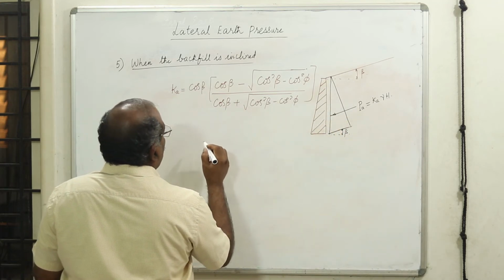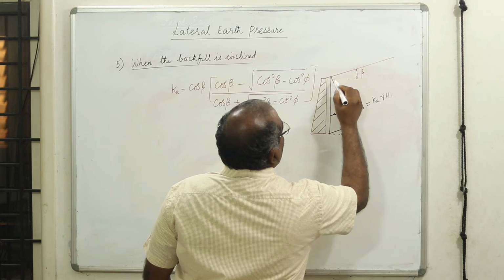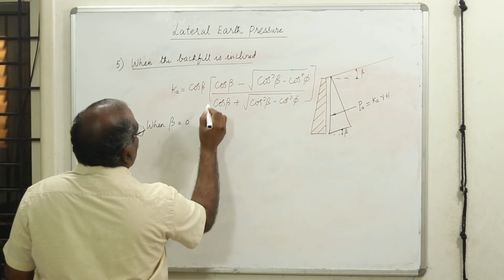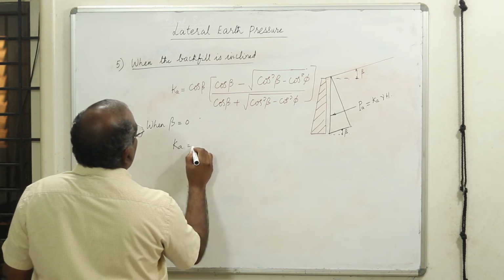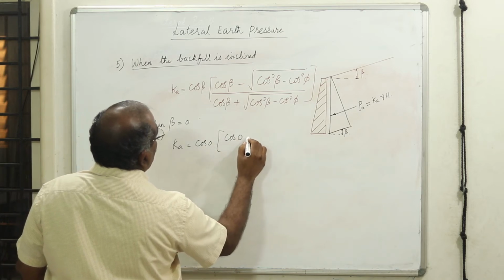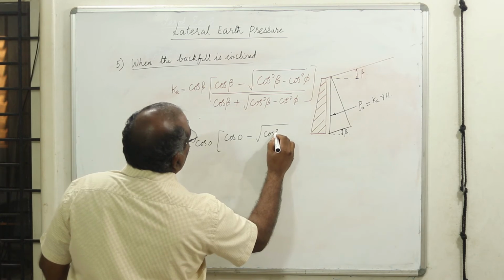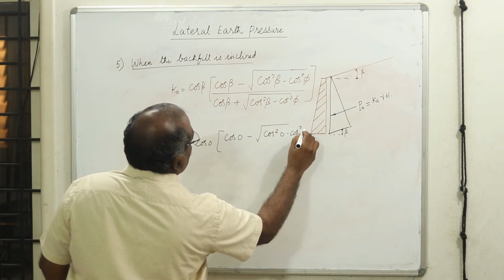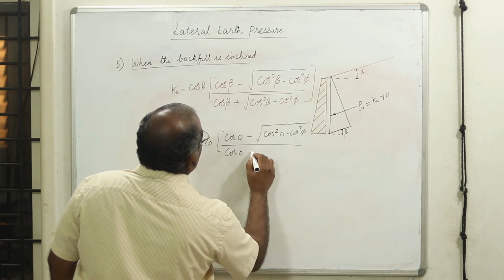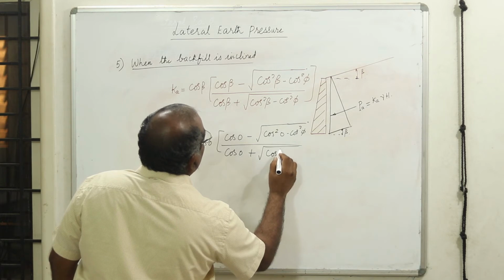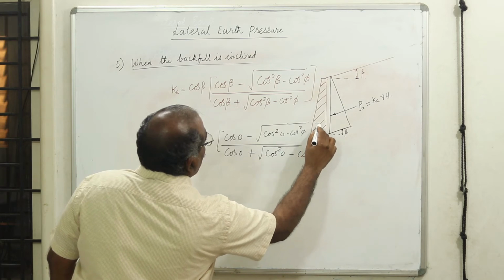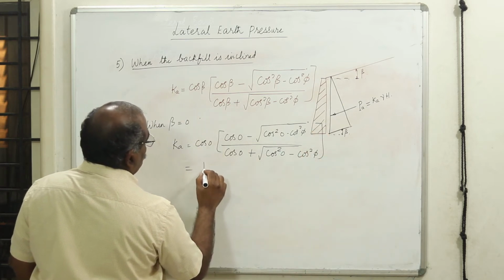Now let us say in case this beta is equal to 0, when it is horizontal. When beta is equal to 0, let us substitute in this expression. What happens to Ka? Cos beta becomes cos 0, which is 1, into cos 0 minus root of cos square 0 minus cos square phi, divided by cos 0 plus root of cos square 0 minus cos square phi. Now what is the value of cos 0? It is 1.